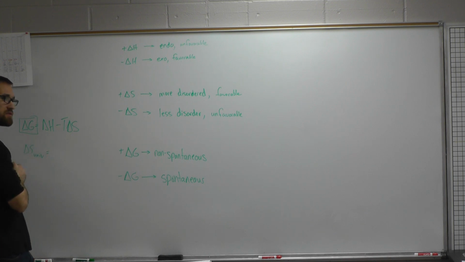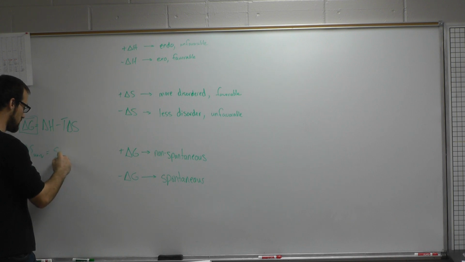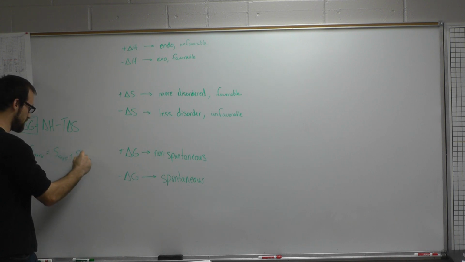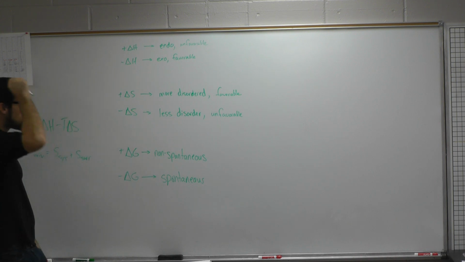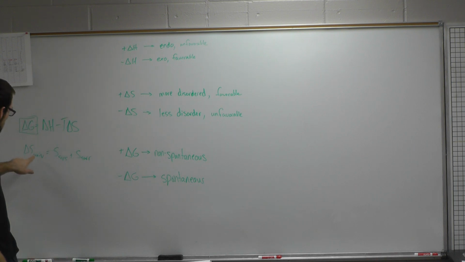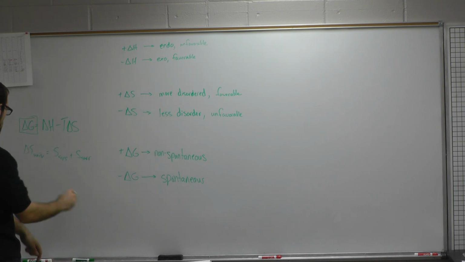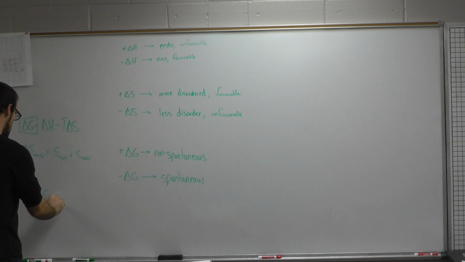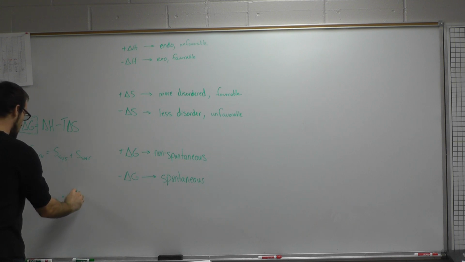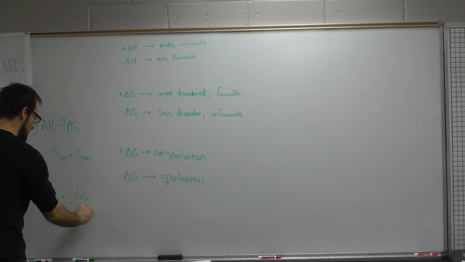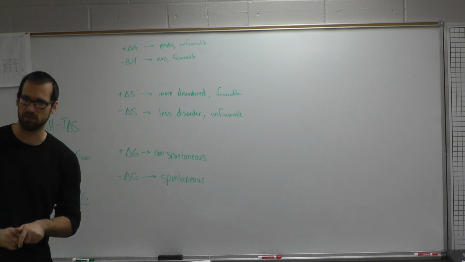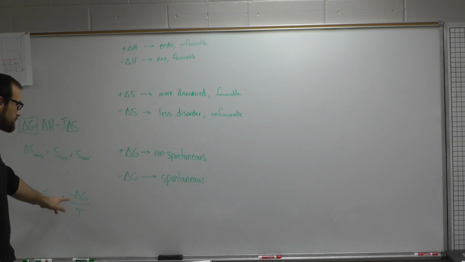The entropy of the universe is positive. There are two ways to look at it because there's a relationship between this and this. If you remember, S of the universe is equal to negative change in G over T, correct? That's the relationship between these two things.